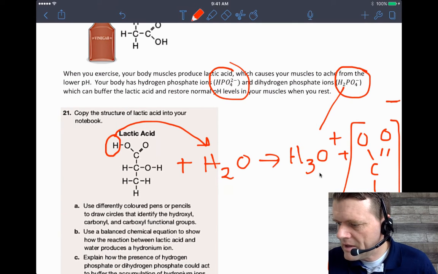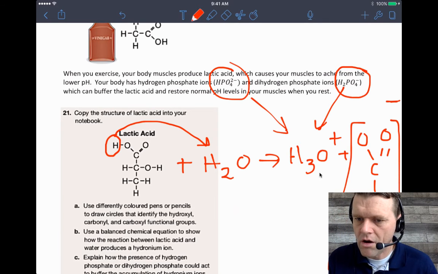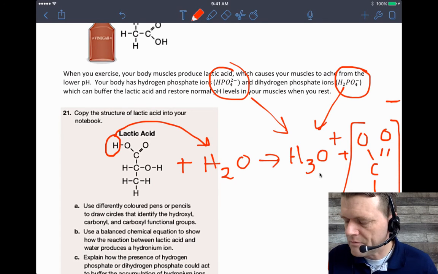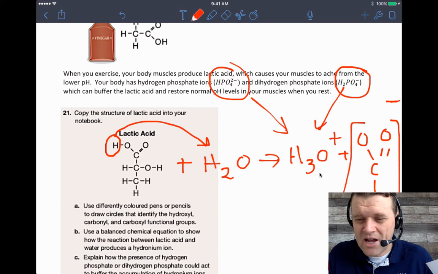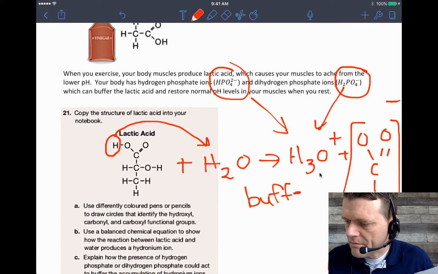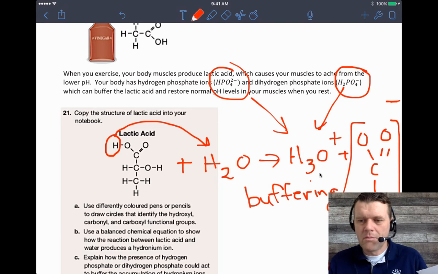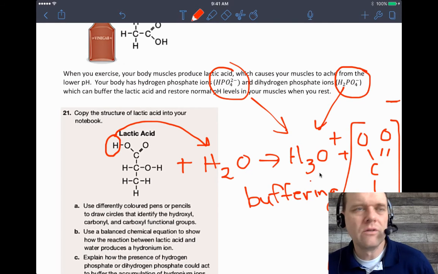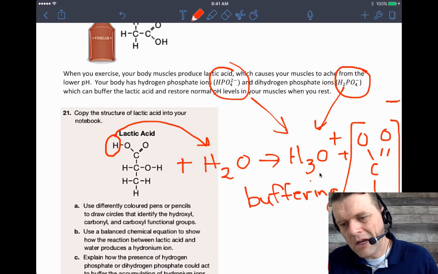They can come in and they will take the hydrogen off of H3O+. They'll come grab one and thereby neutralize the acid. So this is basically what buffering is. You guys remember that from before, and the body's able to do that. There's certain limits, but the body can do it to basically keep your muscles from aching.